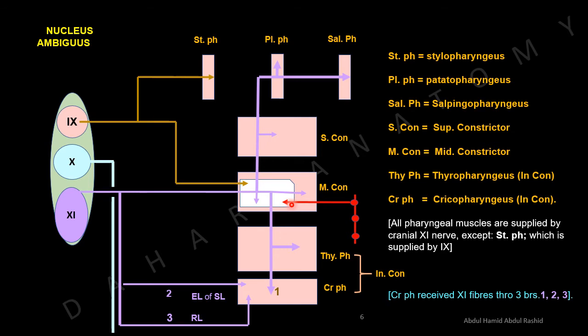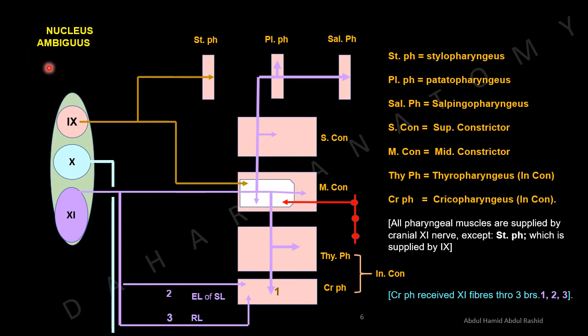It is formed by fibers coming from the glossopharyngeal nerve, fibers coming from the accessory nerve, and fibers coming from the sympathetic chain. So our pharyngeal nerve plexus is formed by three types of nerve fibers, coming from the 9th, the 11th, and the sympathetic chain.